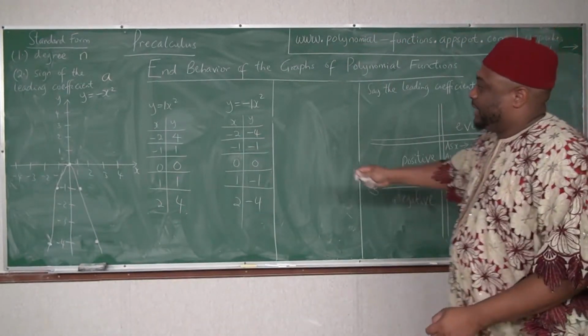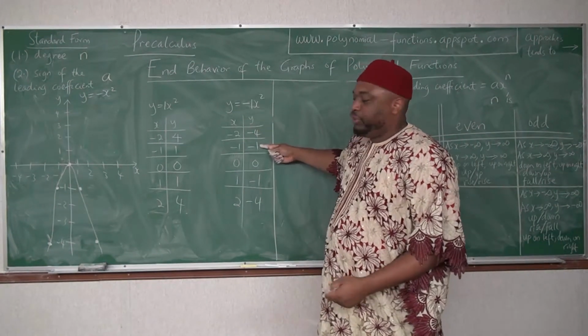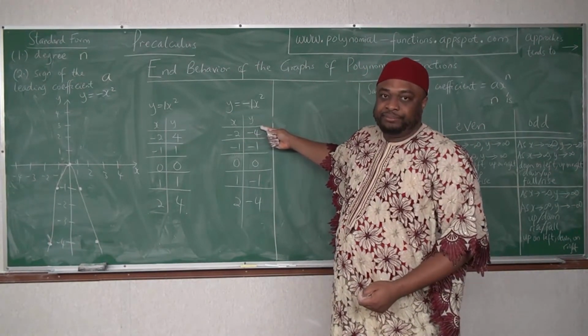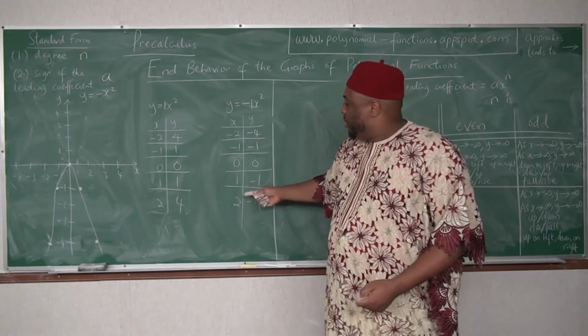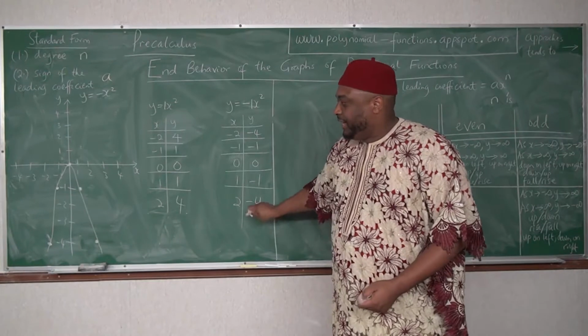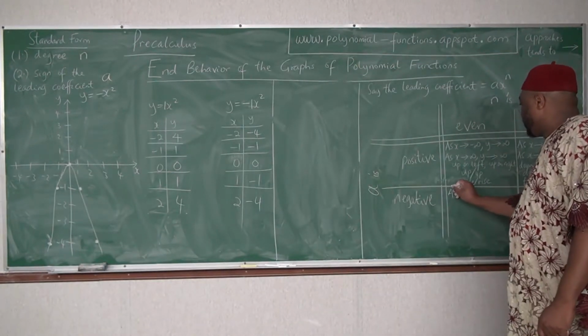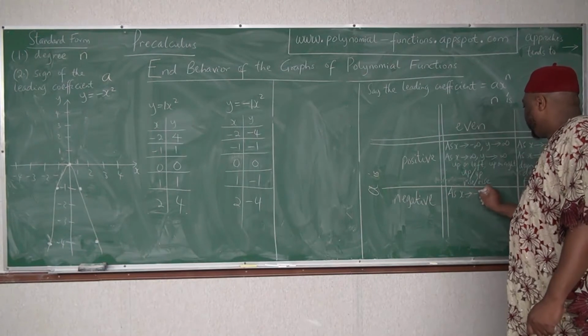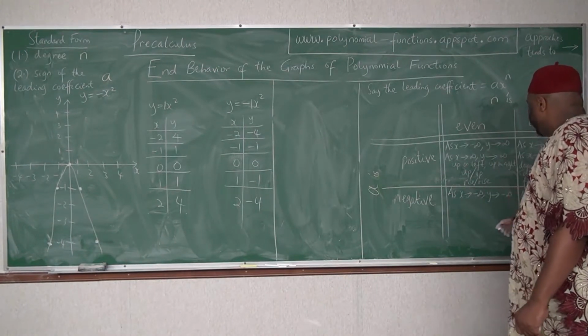So as x approaches negative infinity, y approaches negative infinity. And as x approaches positive infinity, y approaches negative infinity. So we say it's down, down. As x approaches negative infinity, y approaches negative infinity.